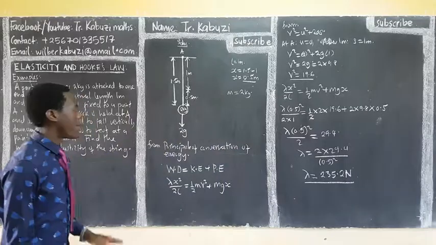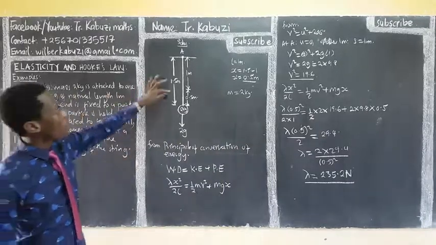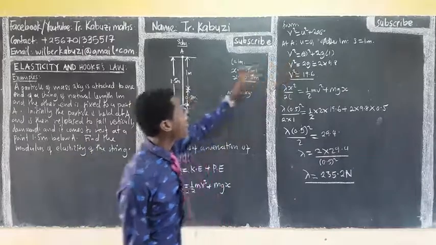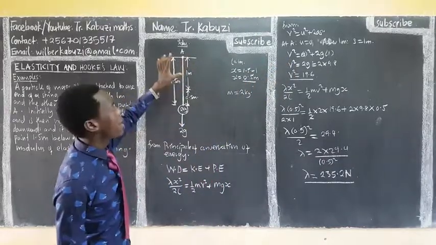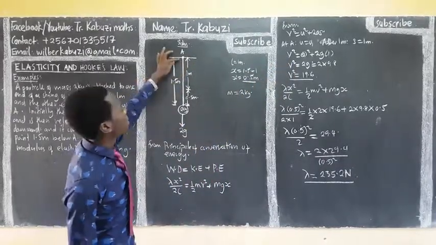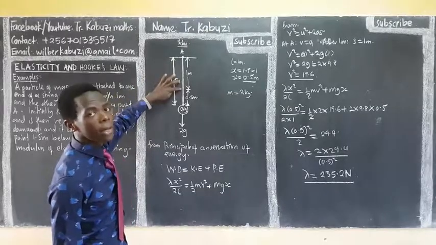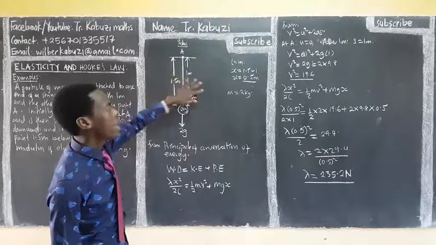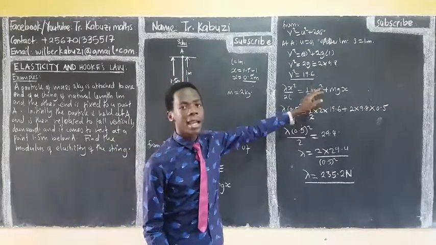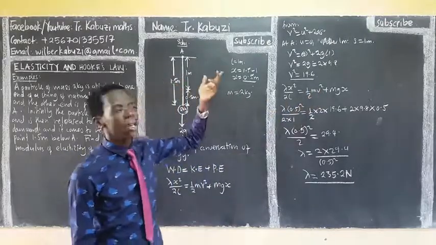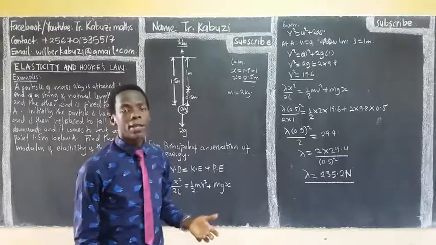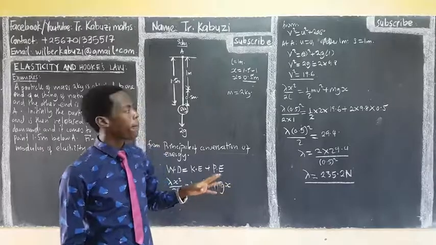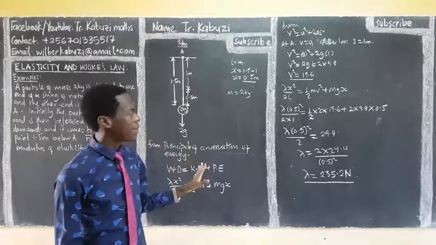I think you see. The moment they are giving you this, what we take note of is this velocity here. We determine that velocity before the stretch. So from here up to here, that's when the velocity is gained. We want the final velocity there so that you can get the kinetic energy. You can also use the idea that loss in potential energy is equal to the gain in kinetic energy. No problem, but this one is a bit better.